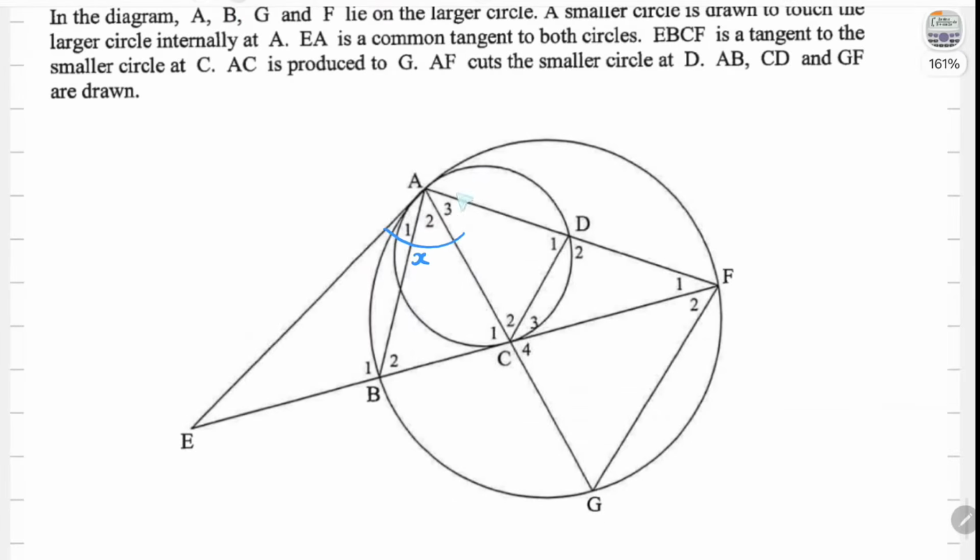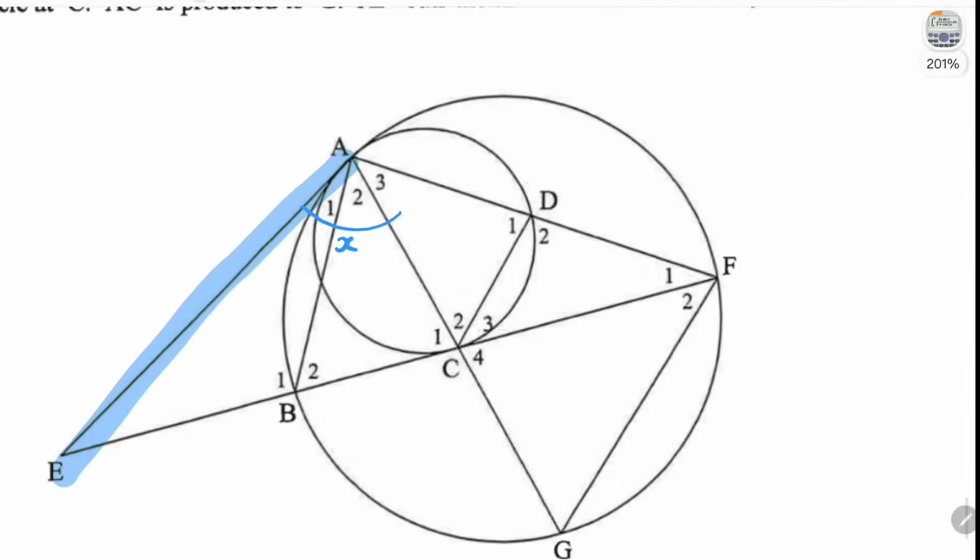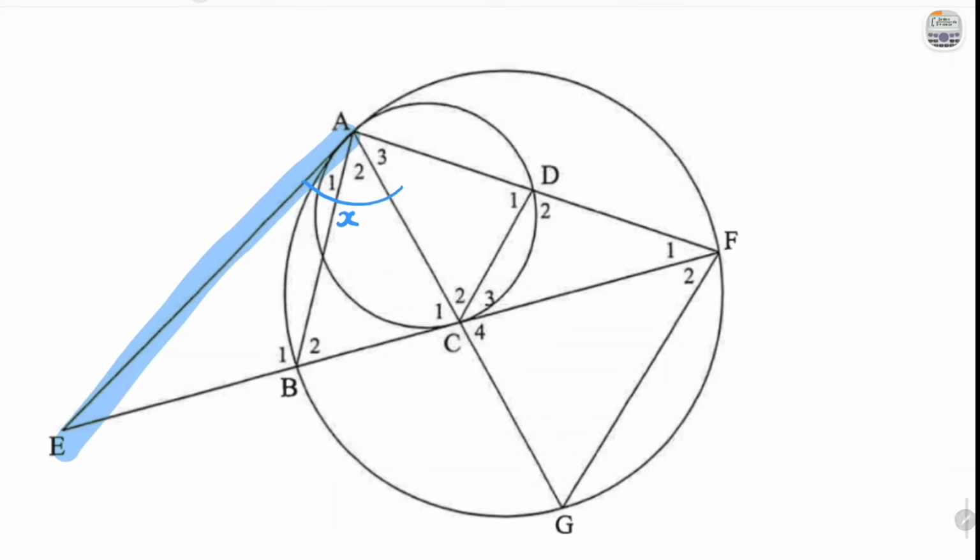And this specific tangent AE is a tangent to the smaller circle and the bigger circle. So we can use the tan chord theorem in 2 places here. So we probably already have 2 answers for X here. So focus on the fact that this is a tangent.